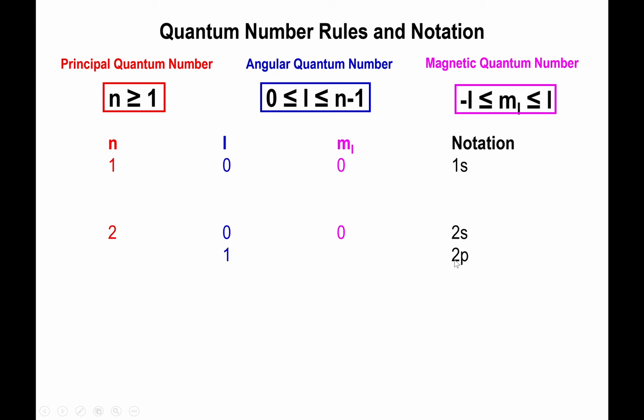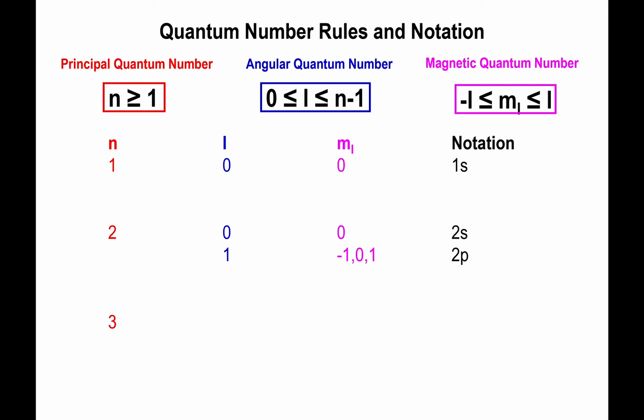So this is the 2p orbital present in the second energy level, and the values of M sub L can go from negative 1 up to plus 1. So these are all the possibilities. So what this tells us is that in the second energy level, we have one 2s orbital, and we have three 2p orbitals present within it.